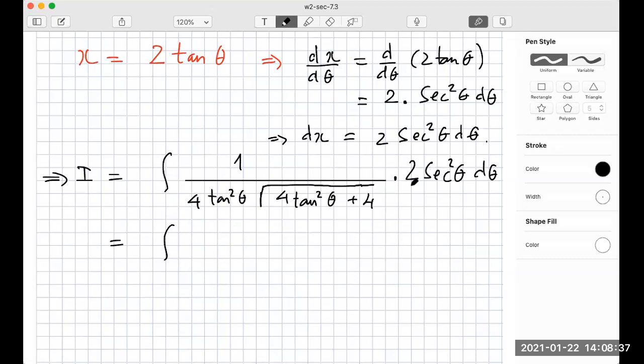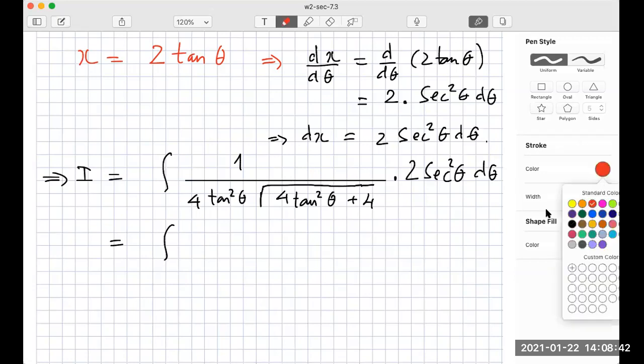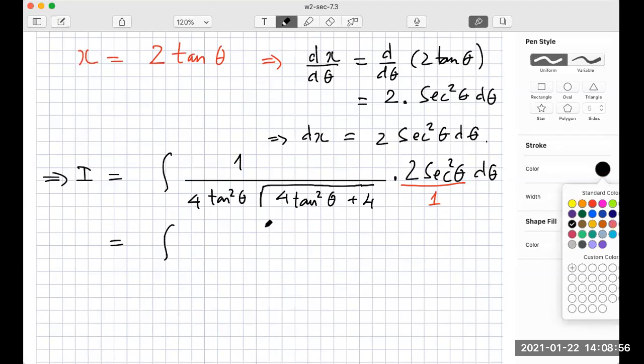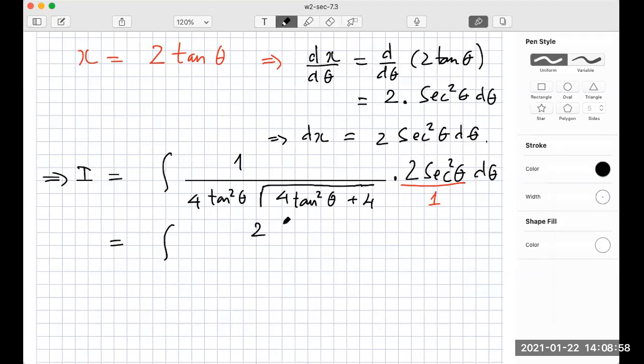Imagine this is a fraction multiplied with another fraction. You can imagine that, okay? This is this divided by 1. Then the product of two fractions will be numerator times numerator, denominator times denominator. Therefore, we can write it 2 secant square theta, right? And the denominator here will be 4 tan square theta.